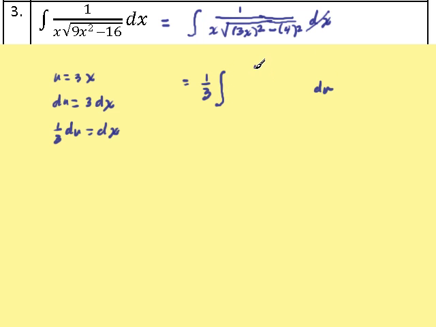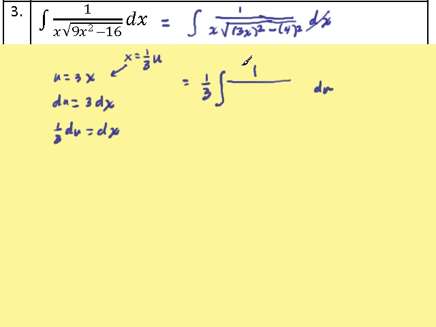And here we have 1 over, now what is x? Well, x is 1/3 u. Sorry, 1/3 u. So u is equal to 3x, and let's just write x is equal to 1/3 u.